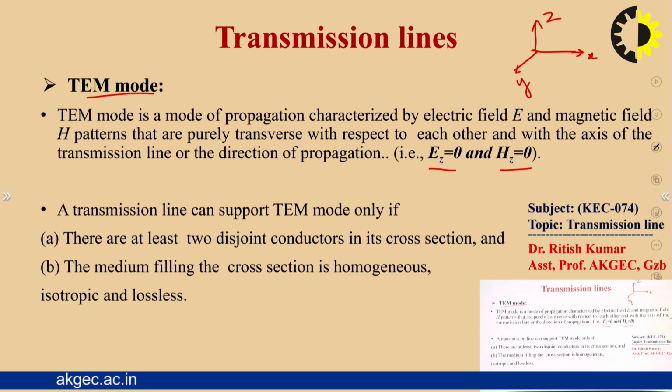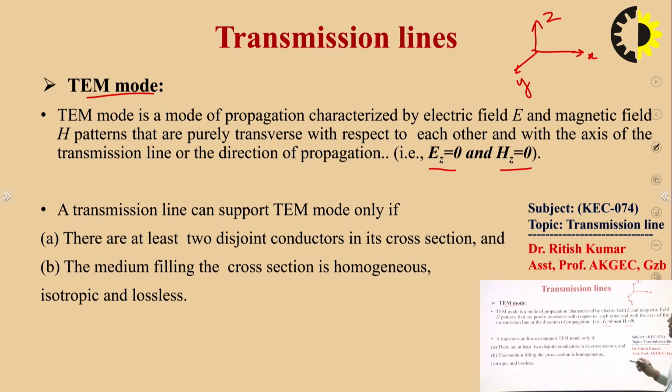That is the condition for transverse electric magnetic mode. In other words, the electric field and magnetic field both have a transverse nature with respect to the propagation direction, if I say the propagation direction is the z direction.